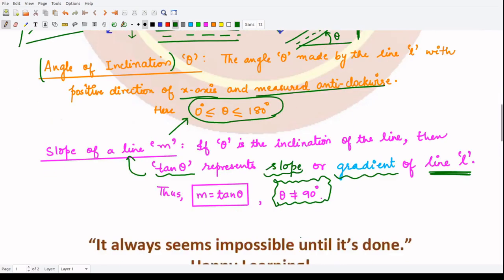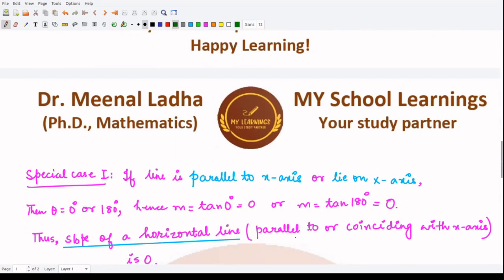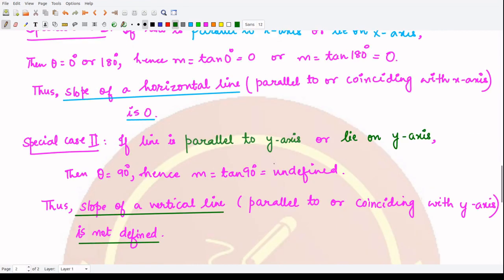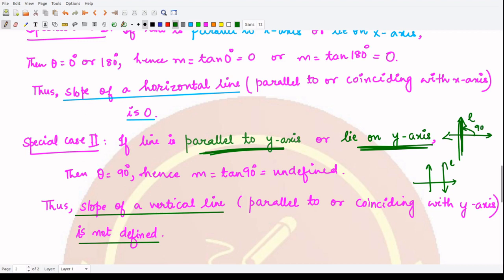It is because we can have a line parallel to the y-axis, or lying on the y-axis. The two cases can be there. Either it is the y-axis itself, or in the second case it is some line which is parallel to the y-axis. This is your line L. Then in that case the angle theta, the angle of inclination, would be 90 degrees.